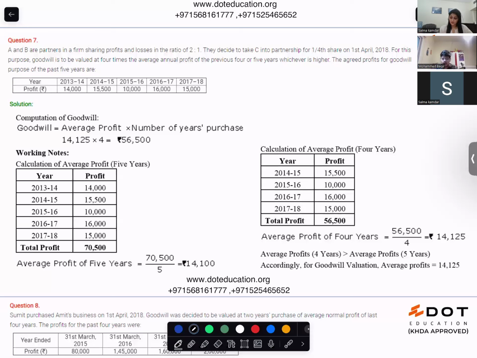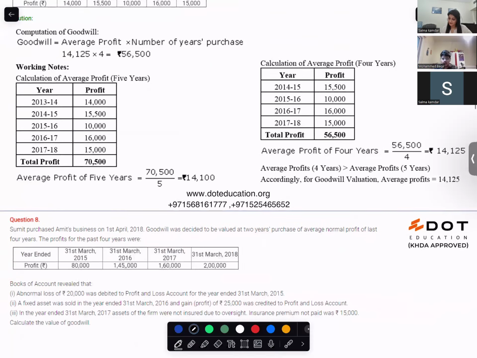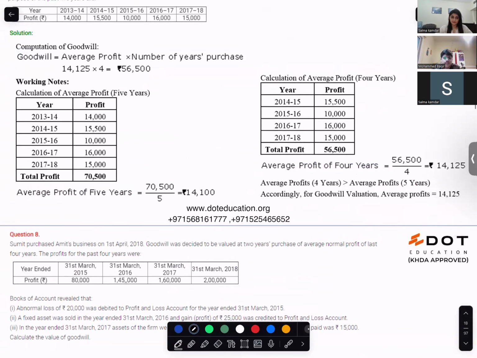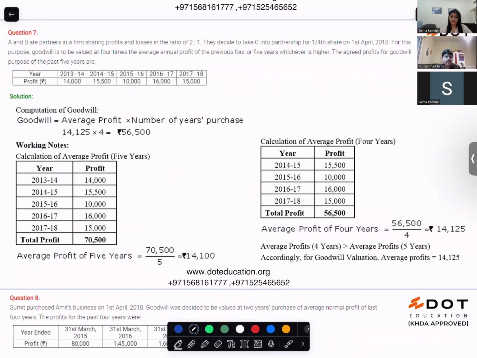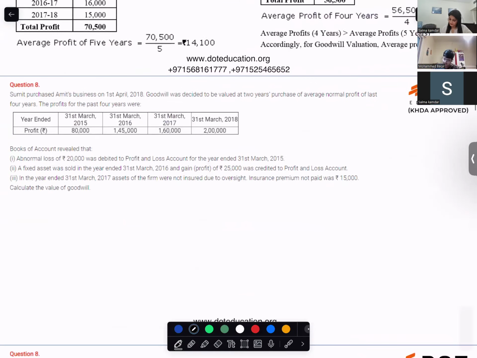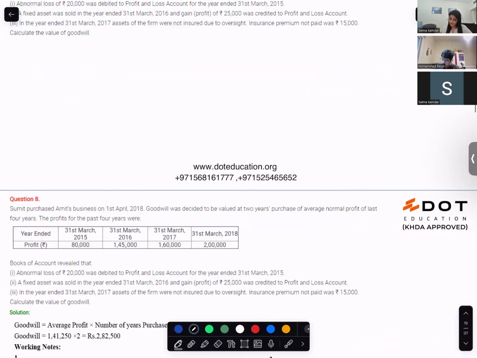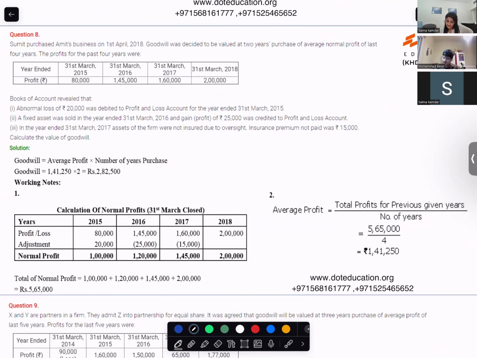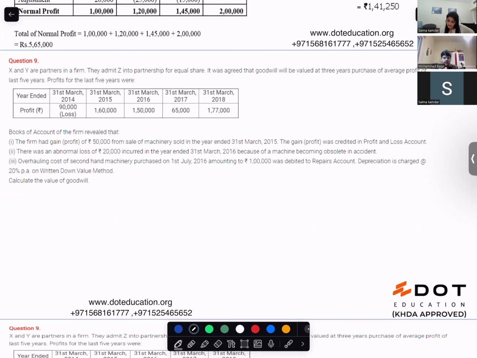Come on, do it. A sum that you could practice. This is your question number 7. Another sum is question number 8. You can practice it yourself and try to find out goodwill. Next is question number 9.